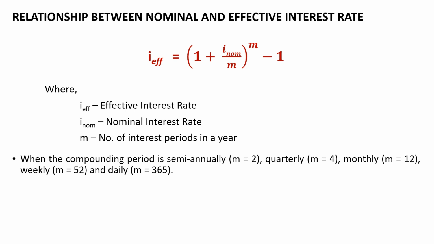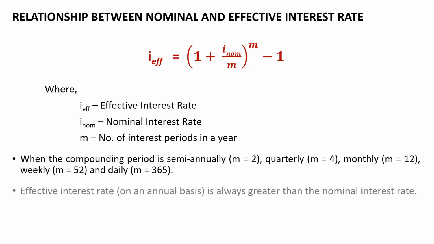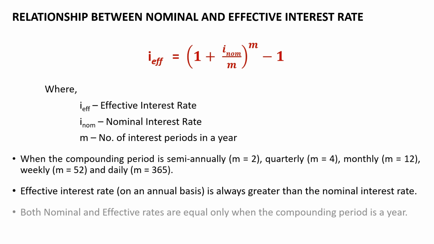And if daily, M will be equal to 365. The effective interest rate on an annual basis is always greater than the nominal interest rate. Both are equal only when the compounding period is a year.